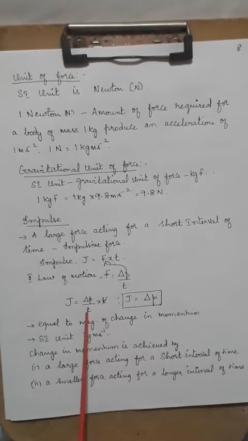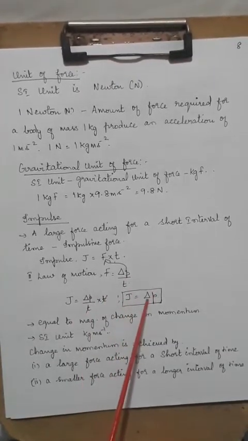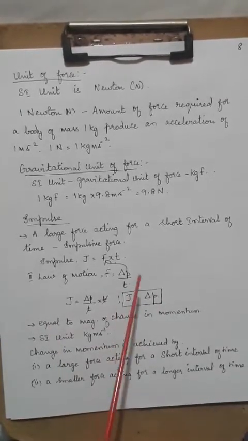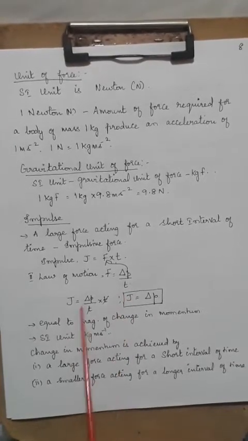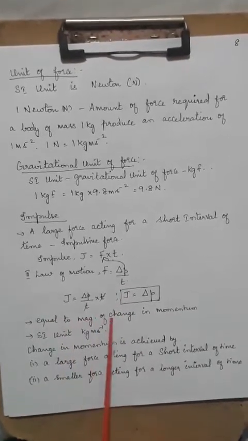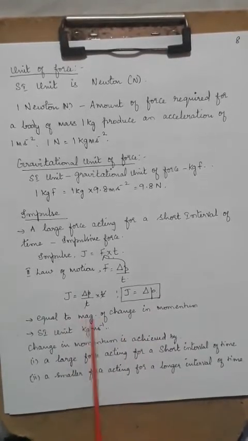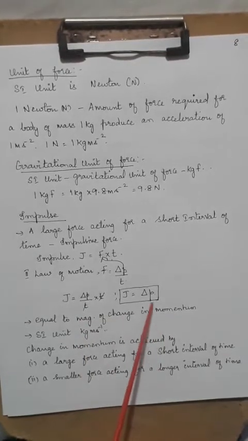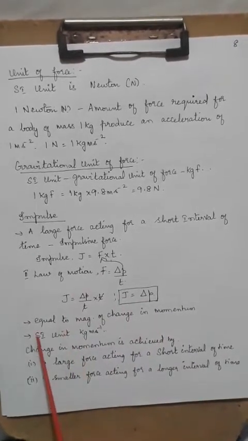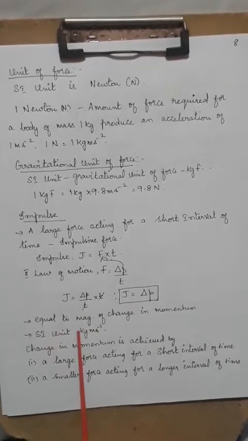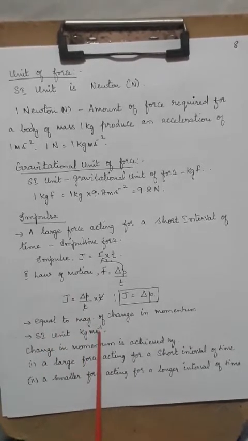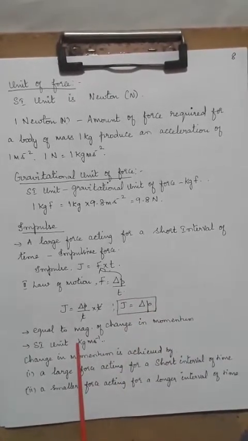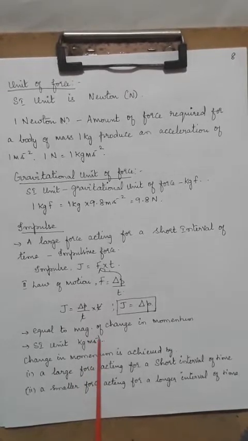So t and t get cancelled, and I get J is equal to del P. The meaning of that is, this J, the impulsive force, is going to be equal to the magnitude of change in momentum. It's not the direction, it's only the magnitude. Now its SI unit is kilogram meter per second, because P is equal to m into v.